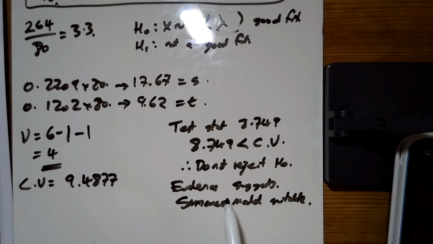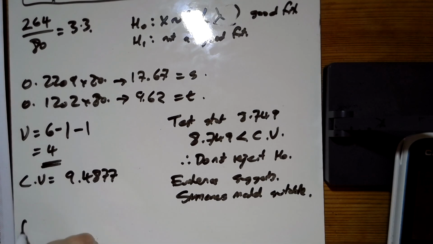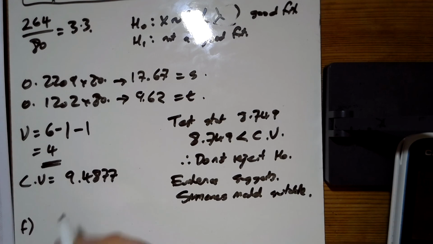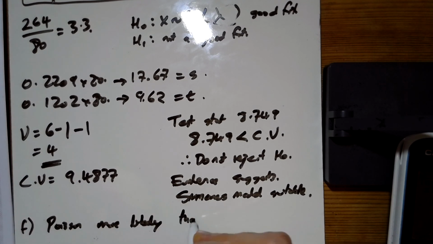Explain cultivated or wild. So part F. Oh, there's 2 marks for this. Well, cultivated was the binomial. So the Poisson is more likely than binomial.